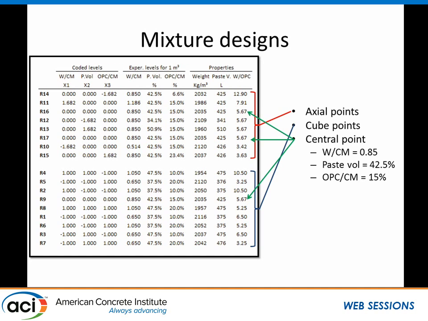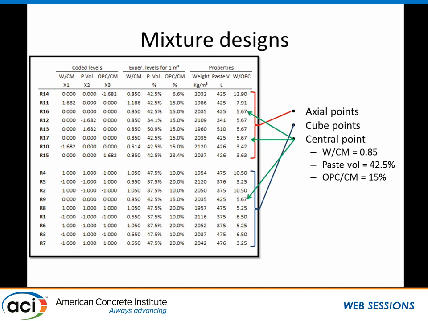We execute that first as a cube, and then we apply values to it with the experimental values that we have. And then we're measuring input properties like weight and paste volume and so forth that are part of that methodology.